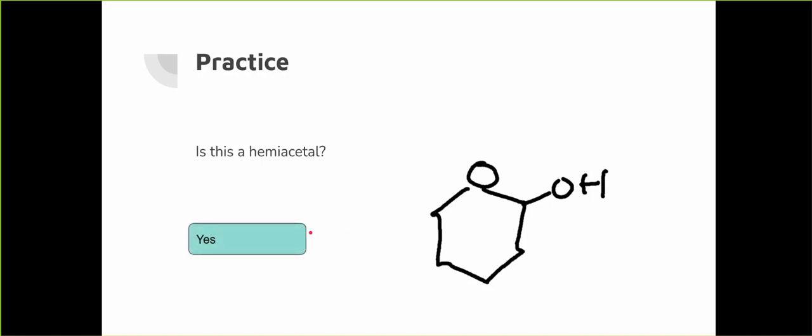This is a hemiacetal because you have a carbon here with an OH. It's got an R group here, and it's got an OR group over here. So this O has an R group connected to it. It just happens to be in a ring. And this carbon here, it doesn't matter, it could be an H or an R, but in this case, it happens to be an R. It's connected over here. So this is a hemiacetal.